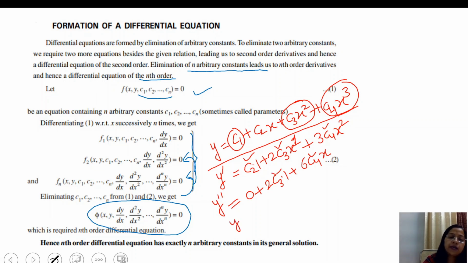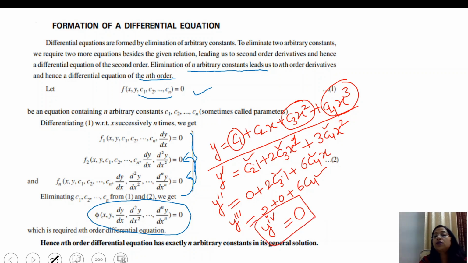Then y triple dash, the third derivative, is 0 plus 6c4 only, so now c4 is left. Once again I'll differentiate it. This is the fourth derivative and I get 0.